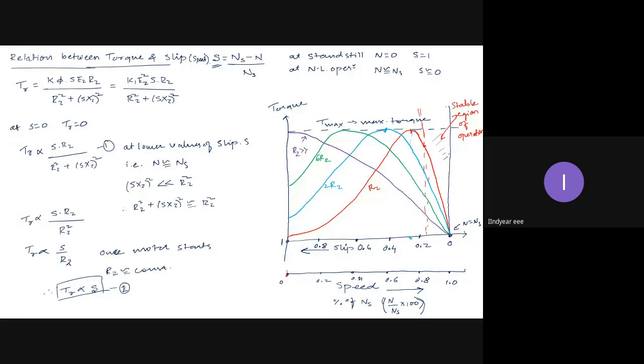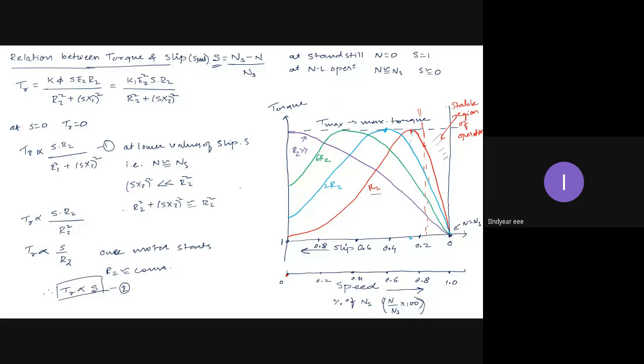There you want more torque or more speed? More torque. More torque we need because I cannot operate the lift at very large speeds, or else people will die of heart attack. So there the position of the curve which is satisfying the maximum torque will be different. So accordingly, I have to choose this value of R2.